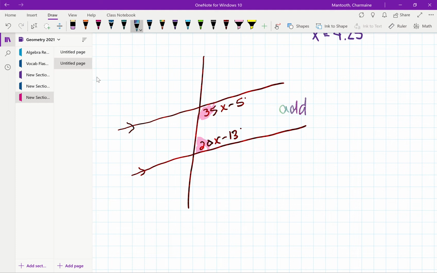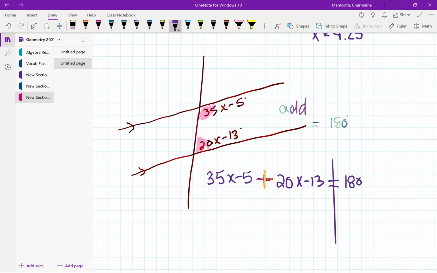So I'm going to add 35x minus 5, the one angle, added to the other angle, which is 20x minus 13. So when I add those two angles up, it's going to be equal to 180 degrees.